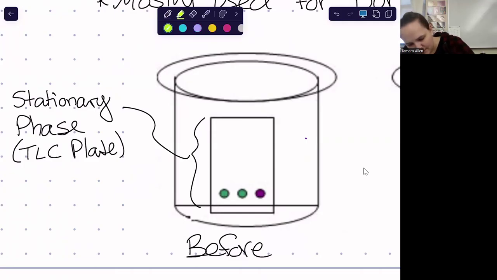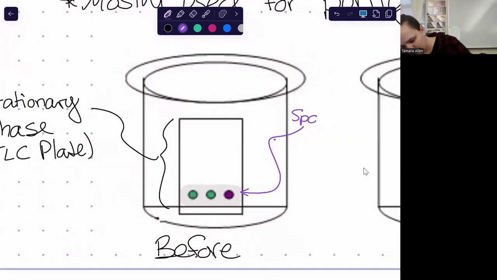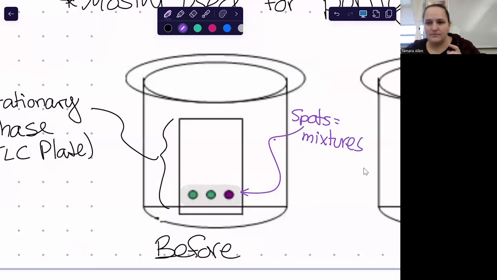The spots that we have down here are various mixtures or substances that we want to see travel. So when we're starting out, we're putting our mixtures in different places. This would be like 3 separate mixtures that we want to compare side by side, so we can see if they share any components, or if they are in fact one pure substance or multiple different substances.